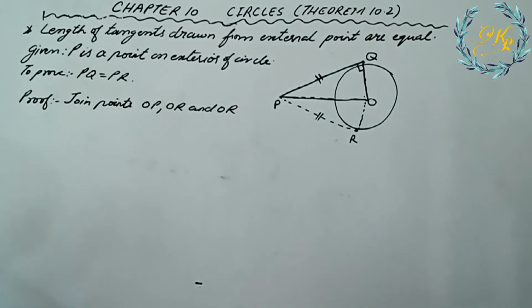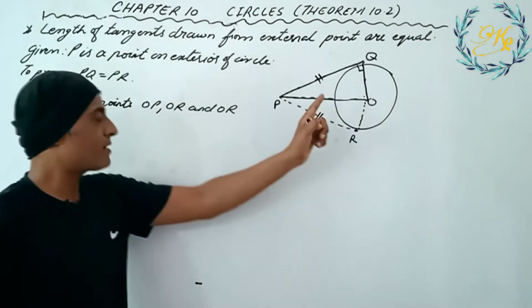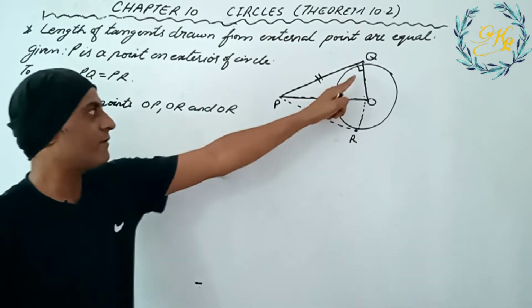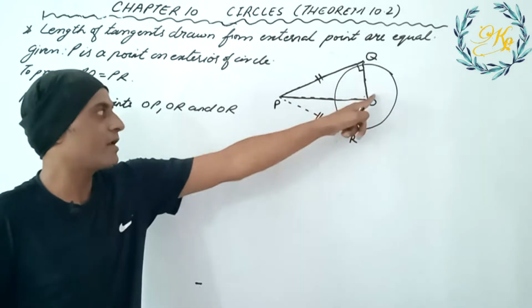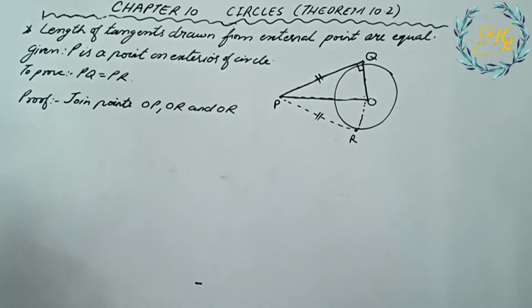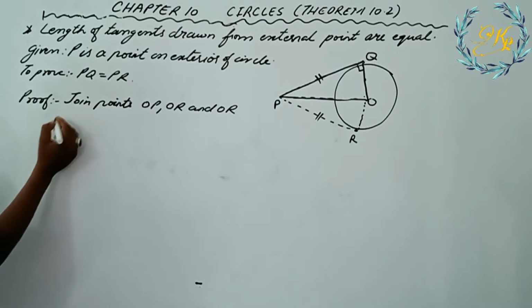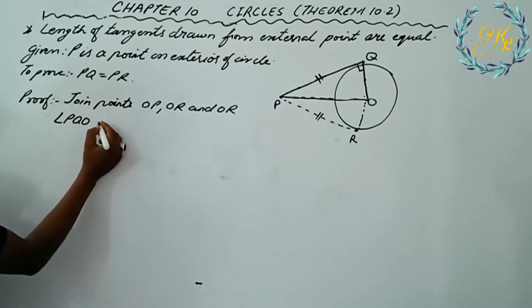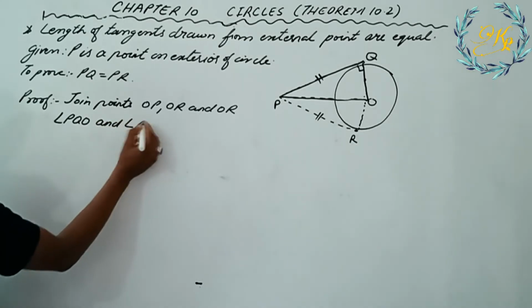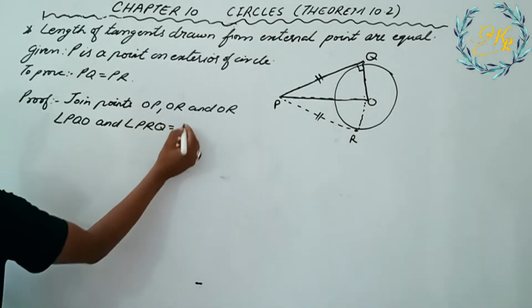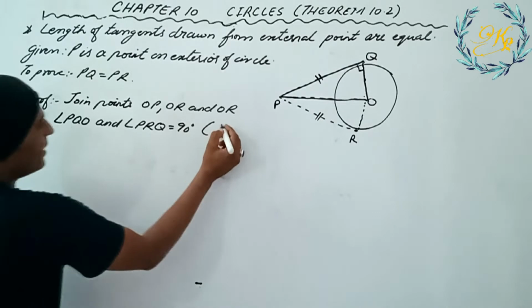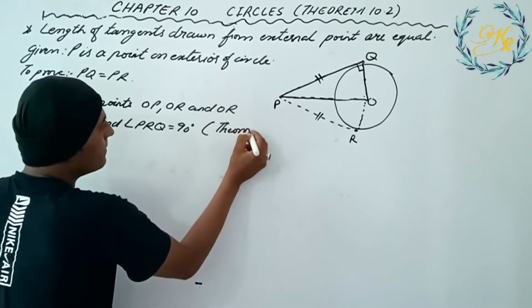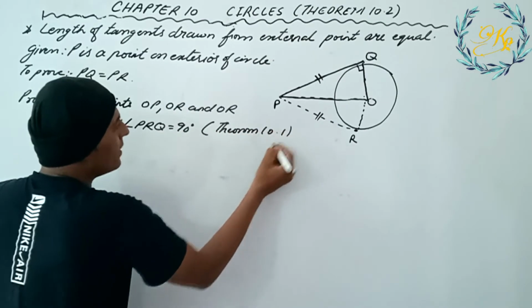Now according to Theorem 10.1, which we studied yesterday, tangents make an angle of 90 with the radius. So we'll write here that angle PQO and angle PRO are equal to 90, and you can write here Theorem 10.1.